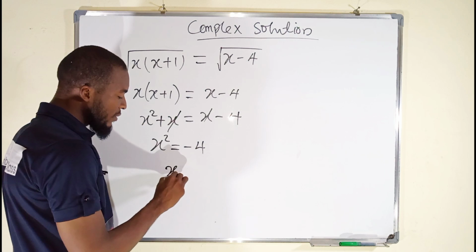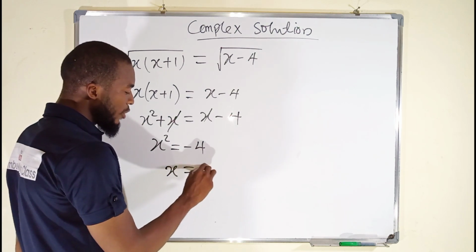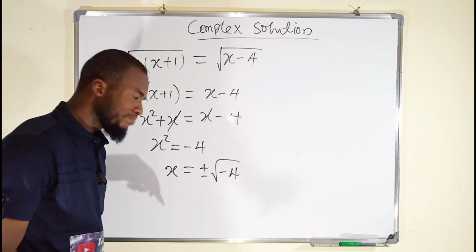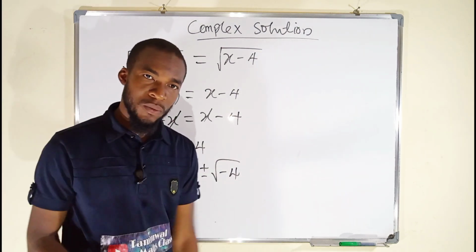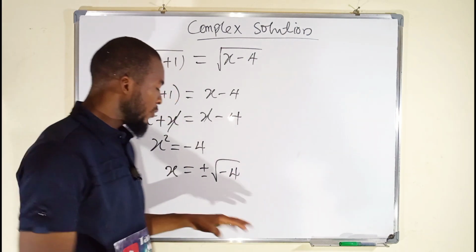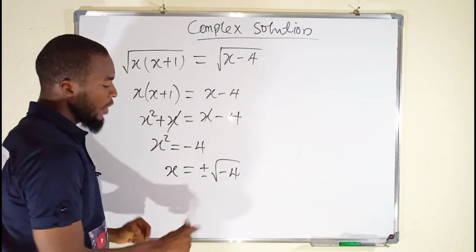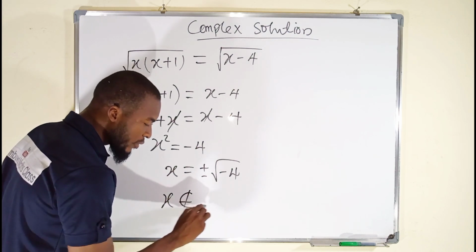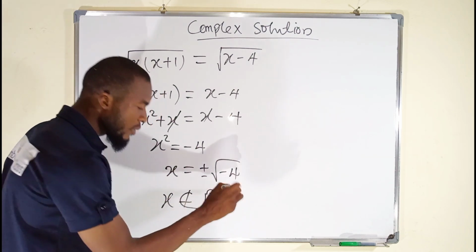So we say x equals plus or minus square root of negative 4. In the real world, we don't have square root of a negative number. So if you wish to stop here, you can say that x does not belong to the set of real numbers.